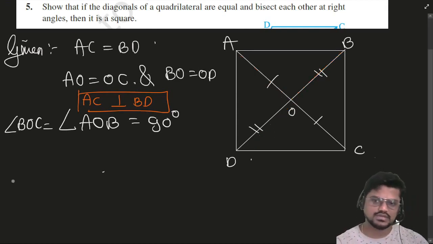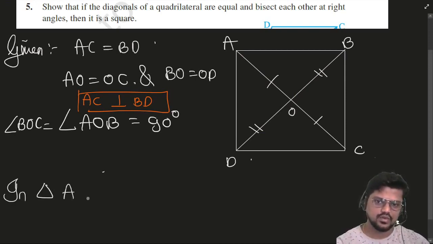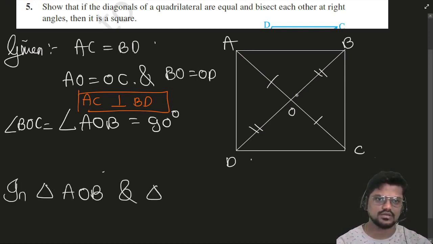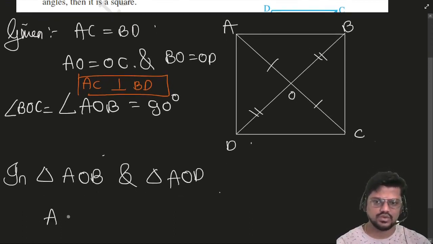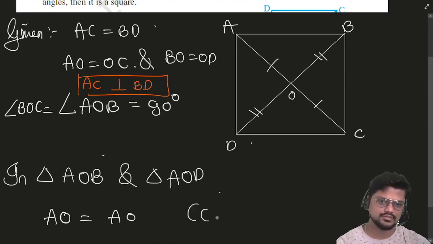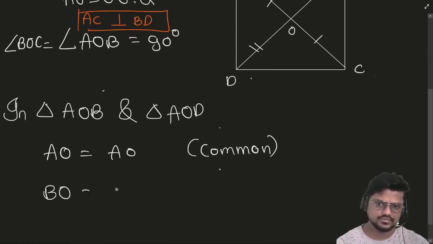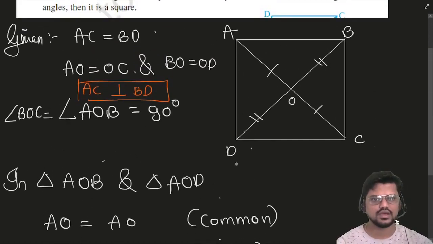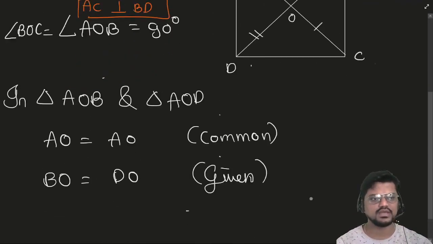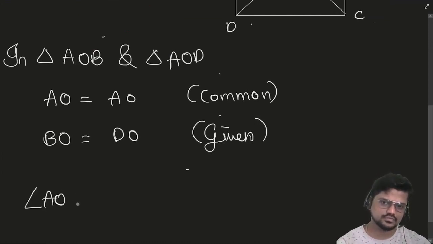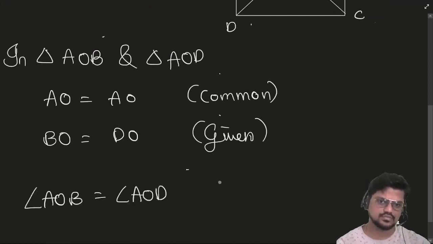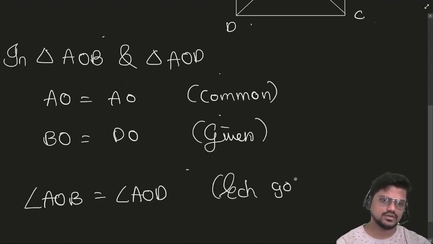So in triangle AOB and triangle AOD, what do we know? AO equals AO, common. BO equals DO, given. Also, angle AOB equals angle AOD, each 90 degrees.